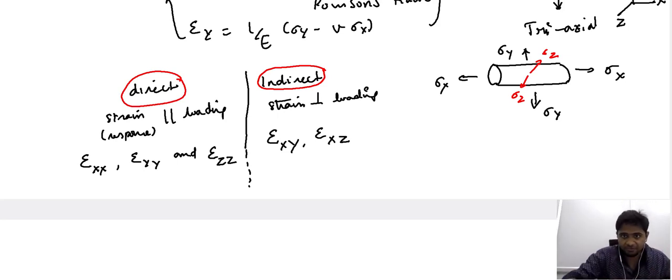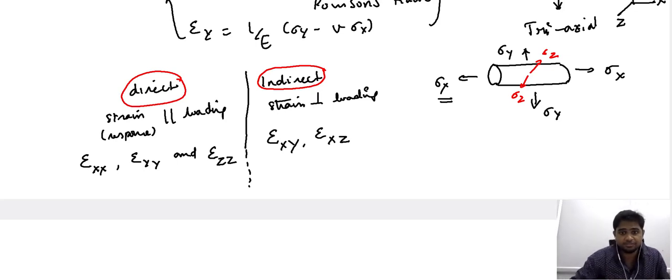If we focus on the x direction alone, the strain that we observe can be brought about in two ways. One, it could be along the loading direction, so through this load we observe a response. Or on the other hand, because of the Poisson's effect, there will be loads active in the perpendicular direction, and that load will bring about a strain in this x direction.